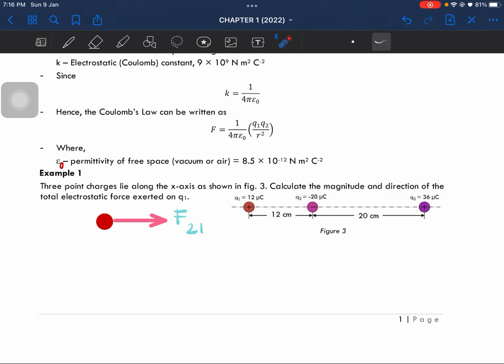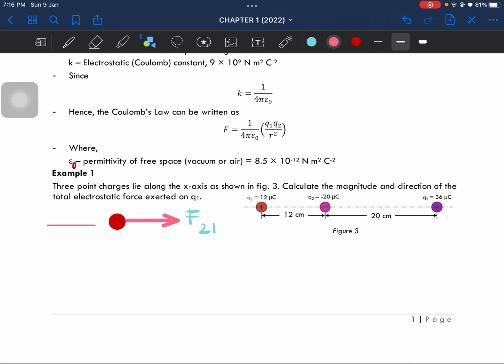So positive and positive, the direction will be going away, I mean going to the left of the charge Q1. Okay, sorry. Again, write force due to charge 3 on charge 1. Now we have the force vectors.